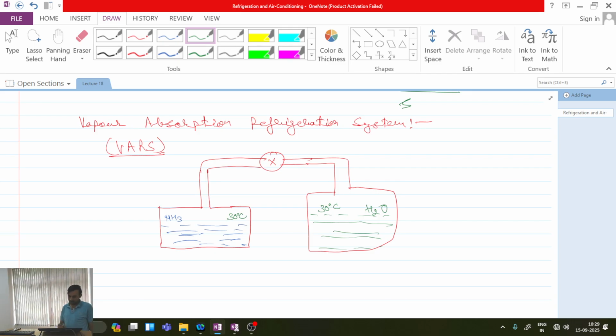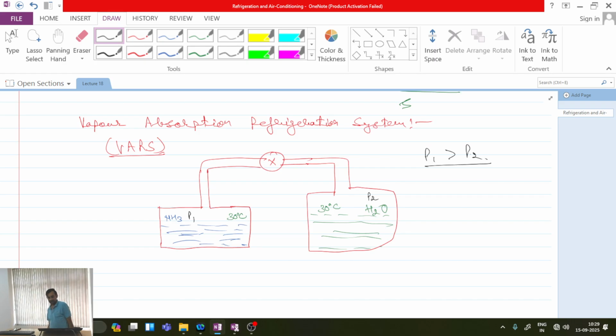It means that if both are maintained at 30 degrees Celsius, and the pressure inside the ammonia chamber is P1 and pressure inside the water chamber is P2, then if both temperatures are same, the corresponding saturation pressure will be higher for ammonia in comparison to that for water. Is this point clear? All are clear with this point or not?